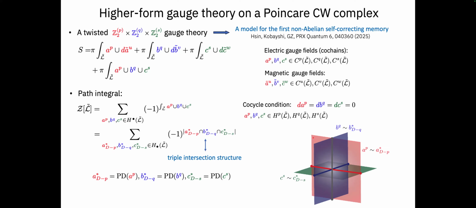This red is the support of one of them, and the blue one and the green one. So if you have a configuration where three of them intersect at a single point, then it will give you a minus sign in the sum. So that's the gauge theory we'll try to build. It's one of the simplest non-abelian gauge theories you can realize.